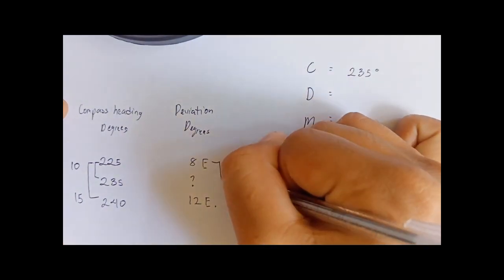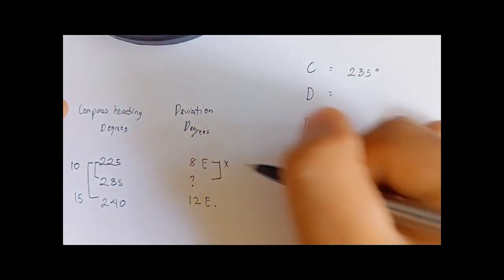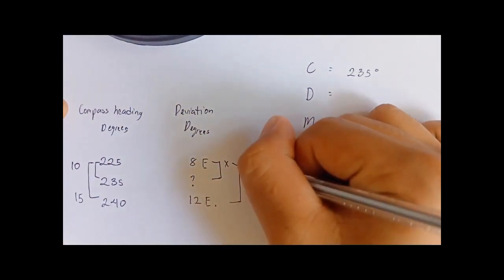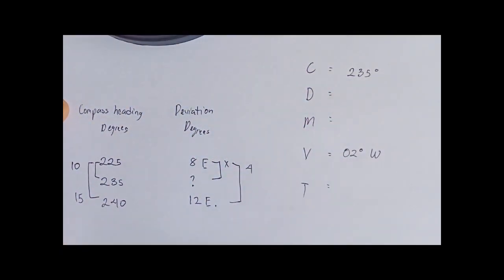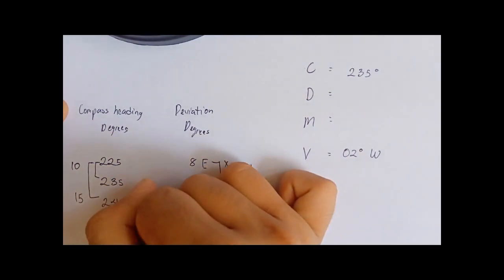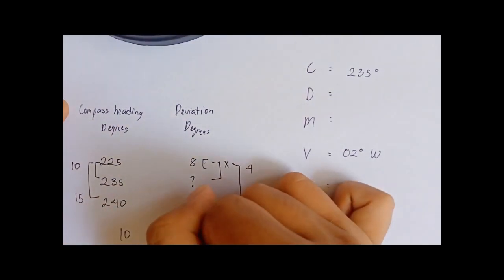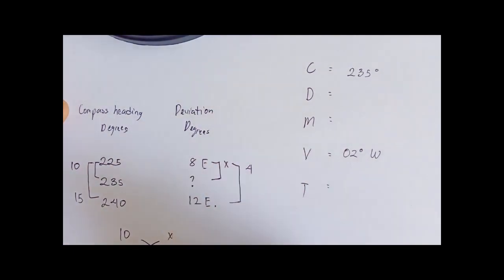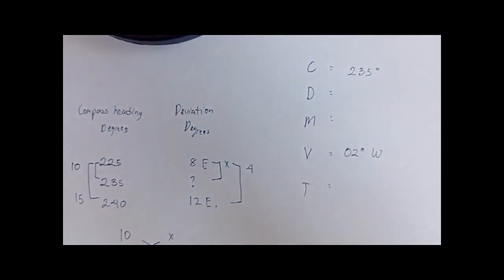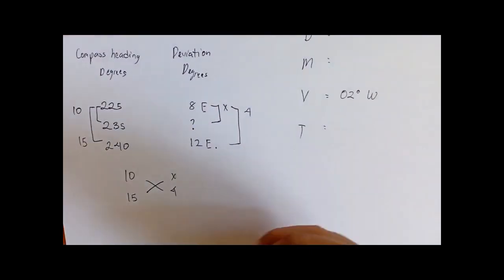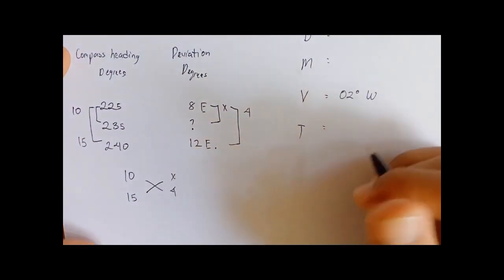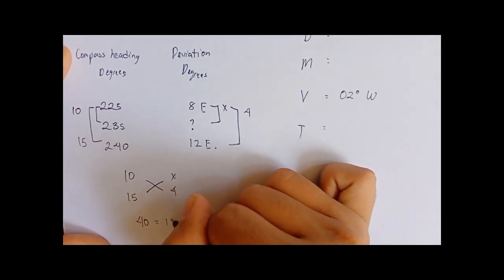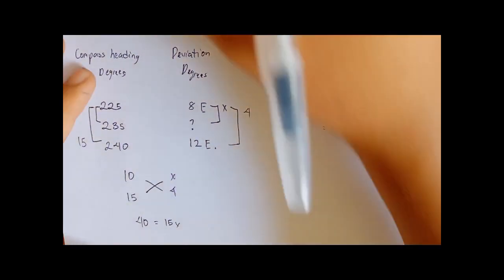The deviation is x because we don't know it. 8 minus 12 is 4. Now we must arrange it accordingly, and we can cross multiply it. So 40 is equal to 15x, right?